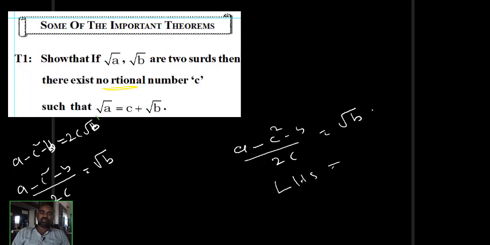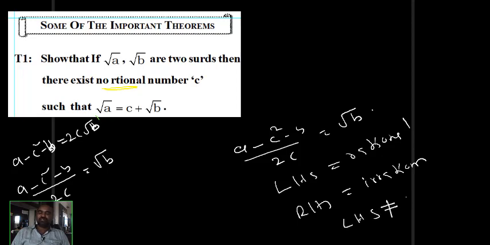LHS is rational, RHS is irrational, LHS not equal to RHS. A rational number is never equal to an irrational number. What is the meaning of that? Therefore, what we assumed is wrong.